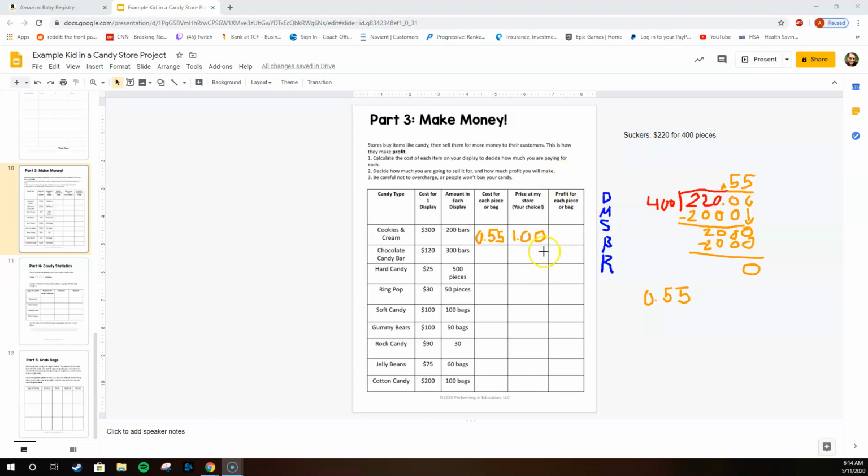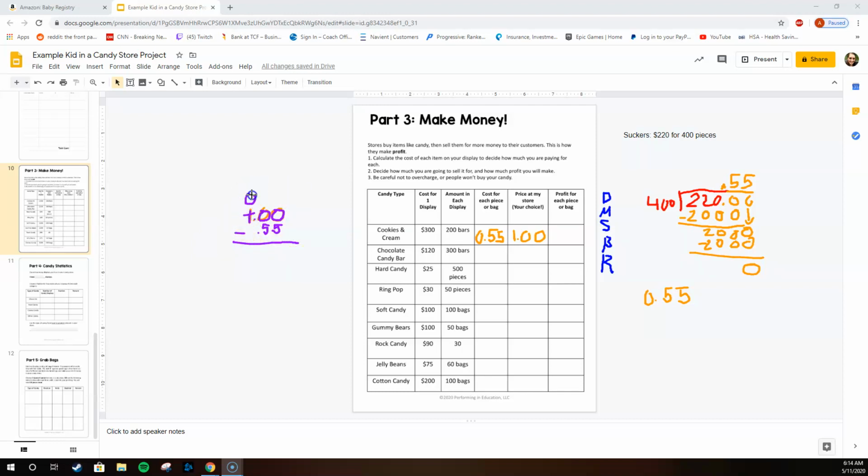So now I have to figure out how much profit I'm going to make per sucker. So I'm going to take $1. Actually, I'm going to change my color. So I'm going to take $1 minus 55 cents to figure out how much money I will make per bag.